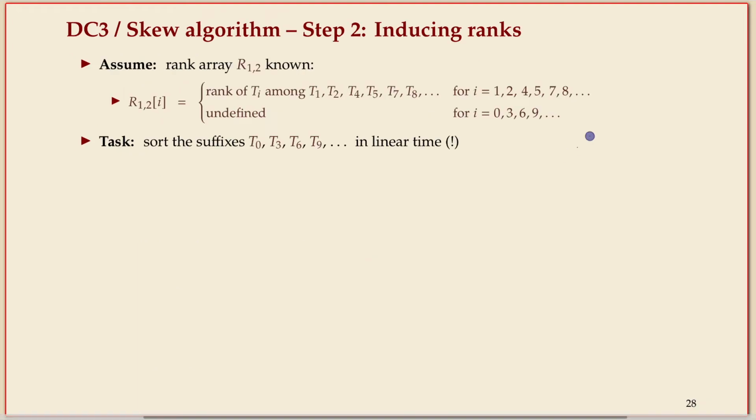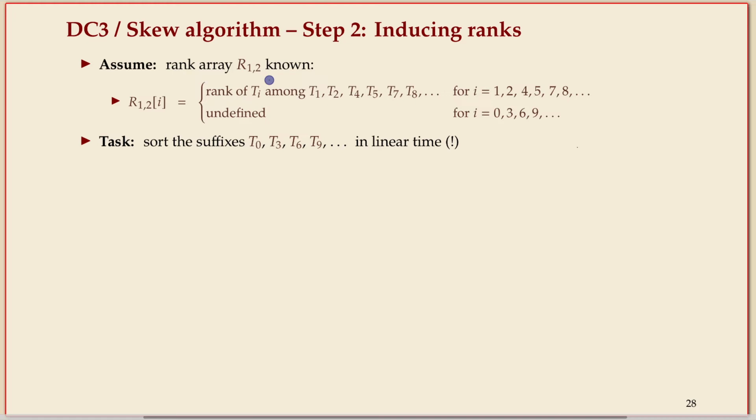Let's first have a look at step 2. So we assume that we already know the relative order of all the suffixes that start at indices not a multiple of 3. And we try to get the relative order of all those that do start at multiples of 3.